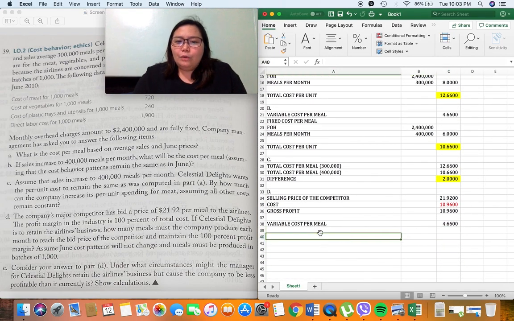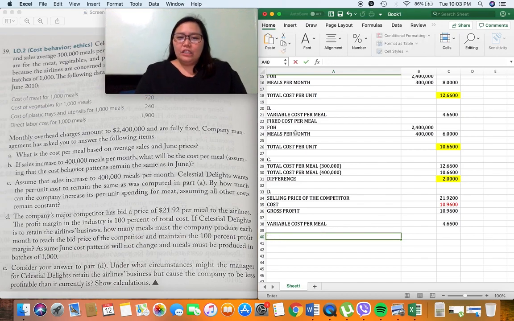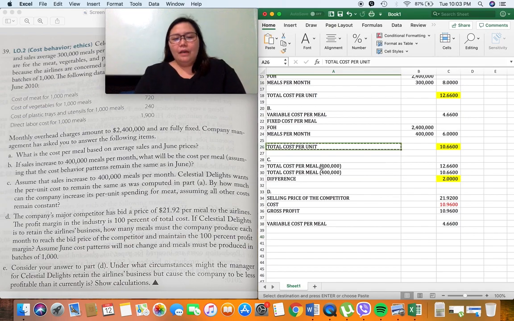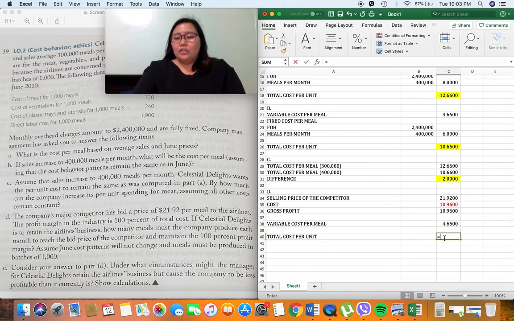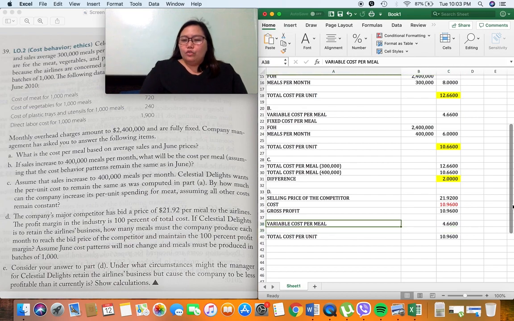Okay? Now, this time, we are not looking for the total cost per unit, 'di ba? This time, we already know how much is the total cost per unit. Actually, we have computed this at 10.96 nga, 'di ba? Sabi natin dapat ayan yung total cost per unit mo. So, you already have your variable cost here and your total cost.